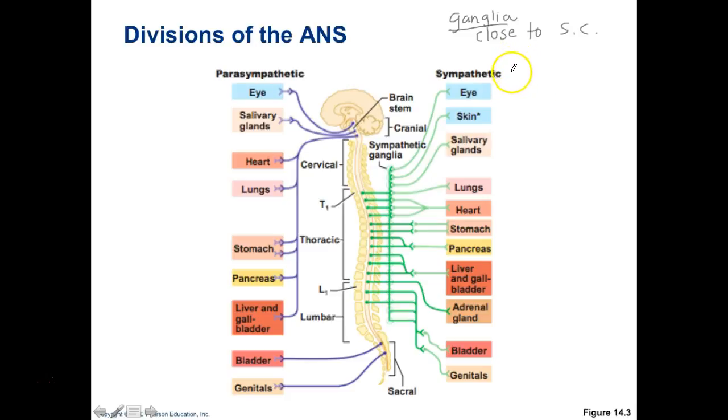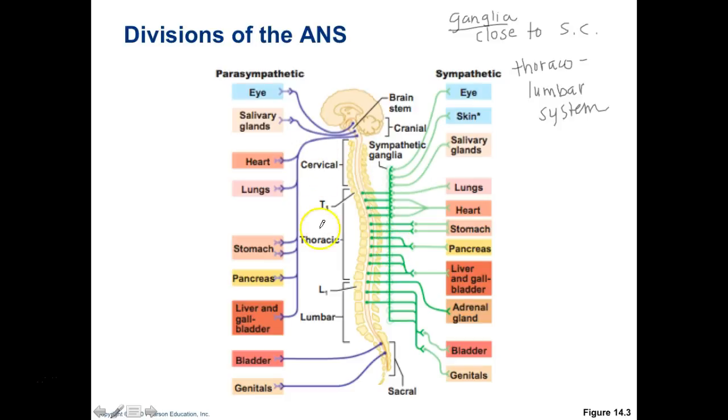The other thing is that this is a part of the thoracolumbar system, meaning that we only get nerve fibers from the thoracic and lumbar region here. What else did we need to mention? We'll talk about some of the functions in a moment too.